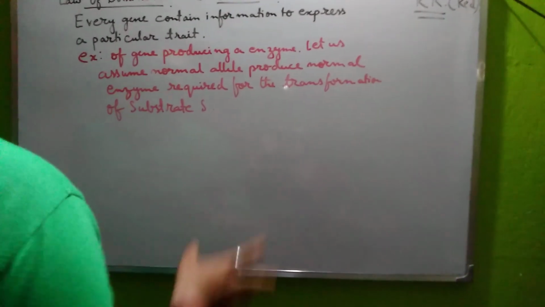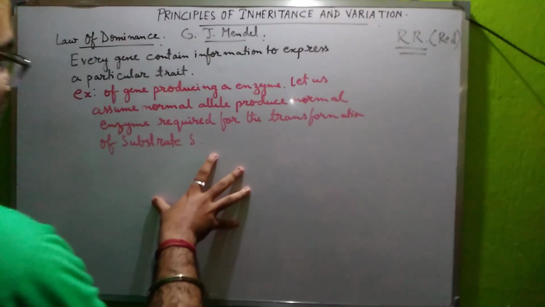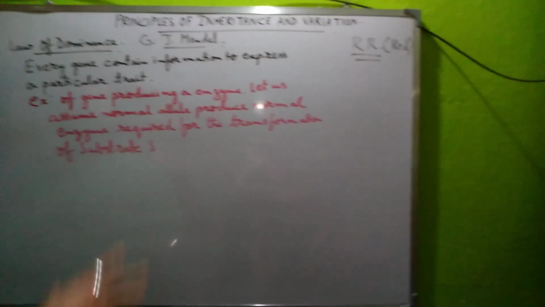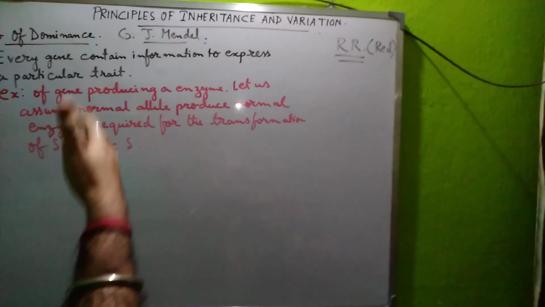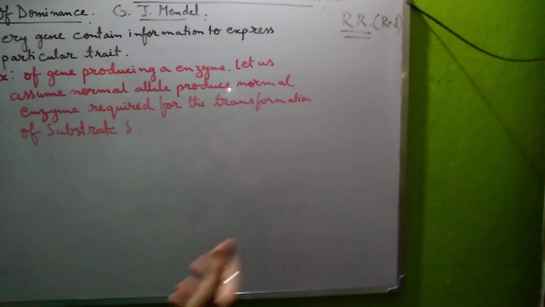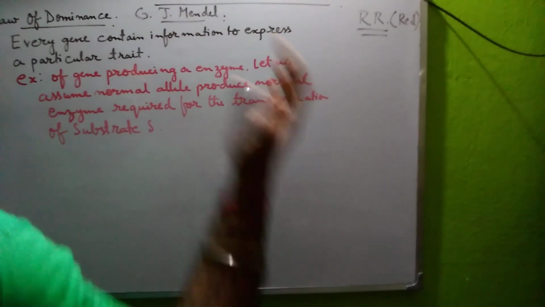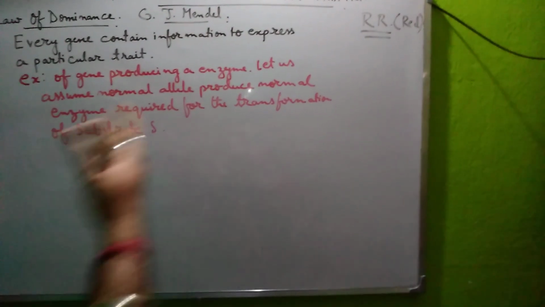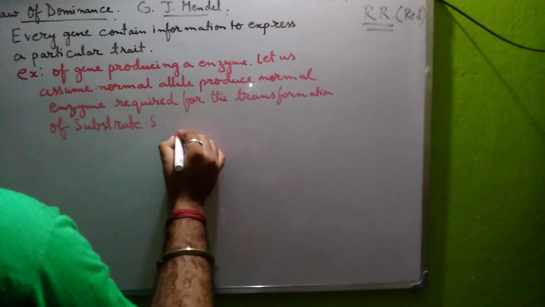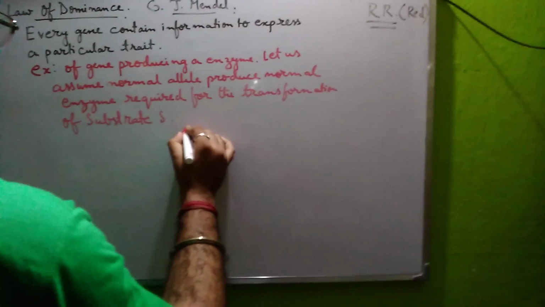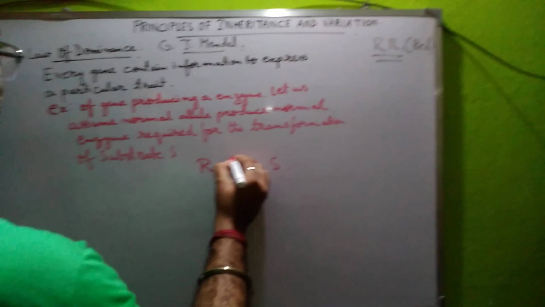I always believe that the NCERT has given a thorough explanation of this topic. We will be understanding what it tries to tell. A gene produces an enzyme. Now let us assume a normal allele like capital R, small r, or capital T, small t, produces a normal enzyme, which is required for the transformation of a substrate. As we all know, any reactant changes into a product. How? By the help of the enzyme.